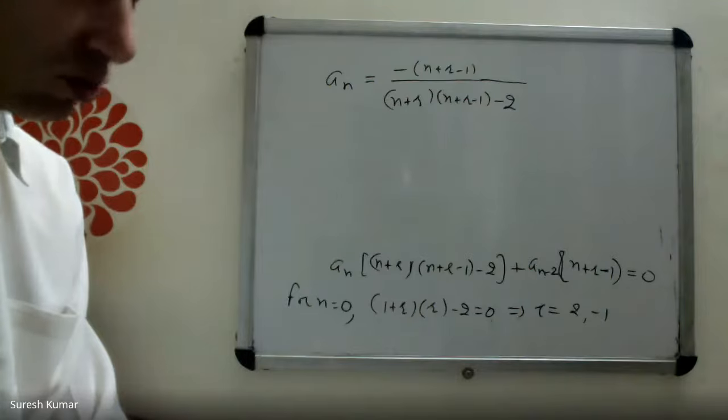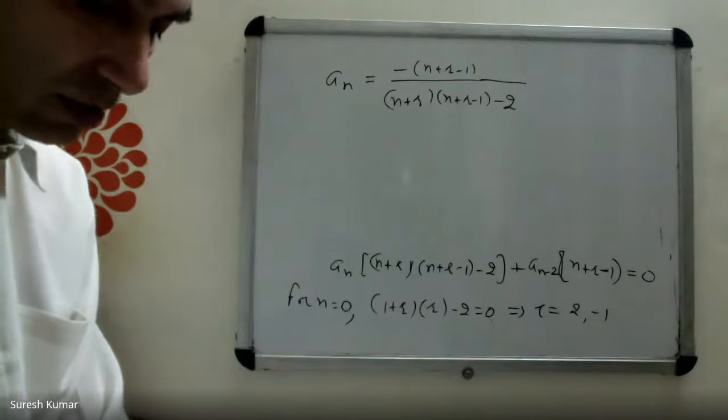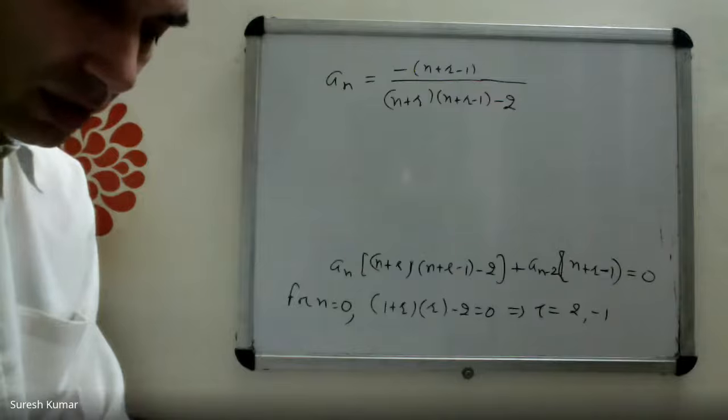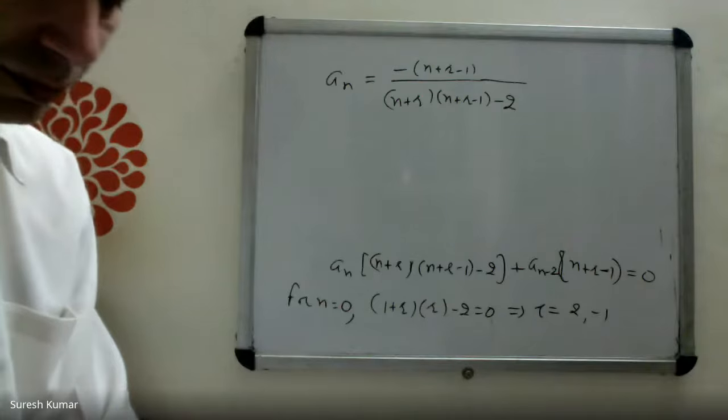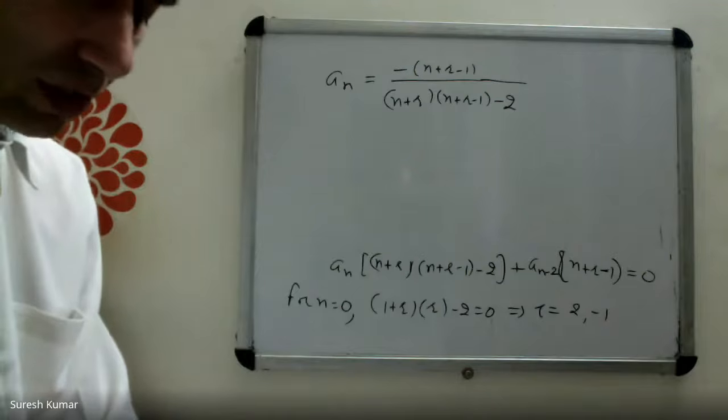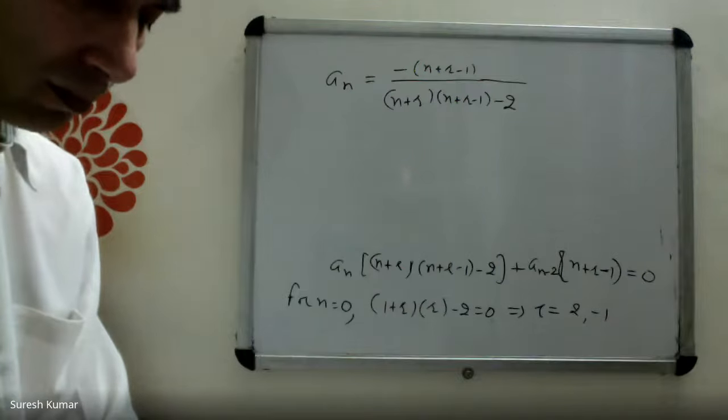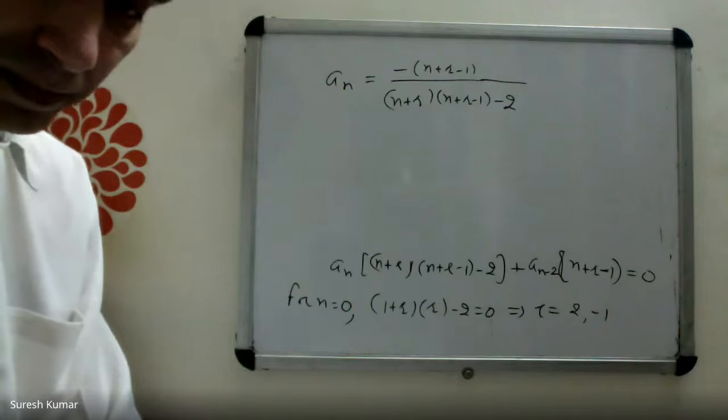Sir, the roots are minus 2 and 1. Minus 2 and 1, or 2 and minus 1? Just check it. 2 and minus 1, sir. 2 and minus 1, I think, are correct. These should be 2 and minus 1. Is it right?